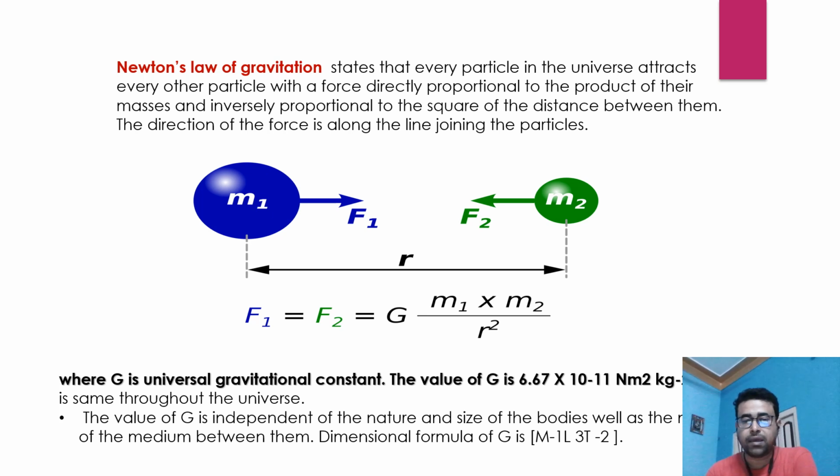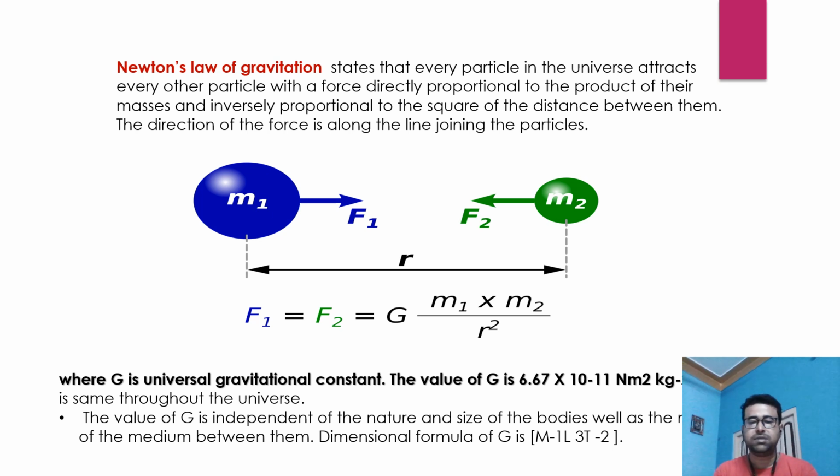So here you can see from the slide that F is equal to G m1 m2 by r square. So what is G? G is the universal gravitational constant, and it is applicable not only for earth and moon, it is applicable in the whole universe. Wherever you want to calculate the force of gravity between two masses, the value of G will be constant everywhere.